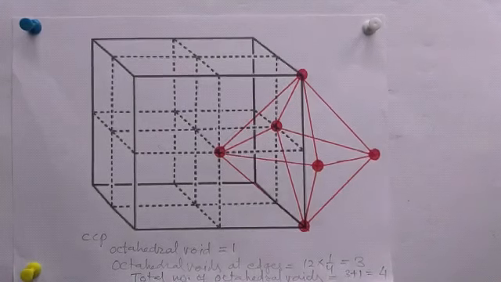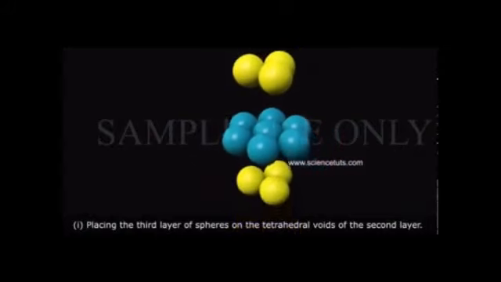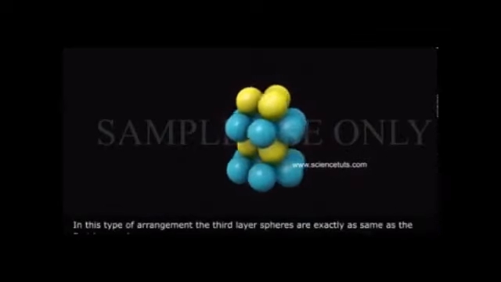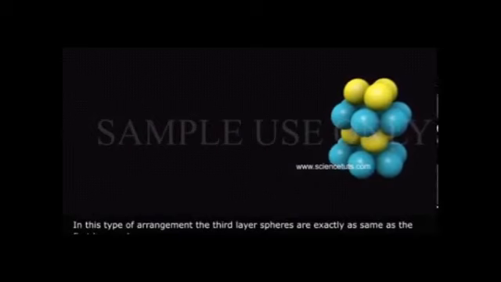We know that in CCP structure, packing, HCP. Let us place third layer over the second layer. Here 2 types of arrangements are possible. 1. Placing the third layer of spheres on the tetrahedral voids of the second layer. In this type of arrangement, the third layer spheres are exactly the same as the first layer spheres.